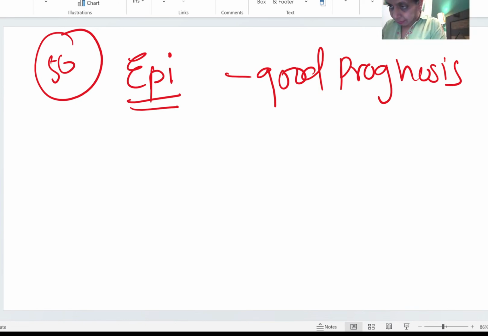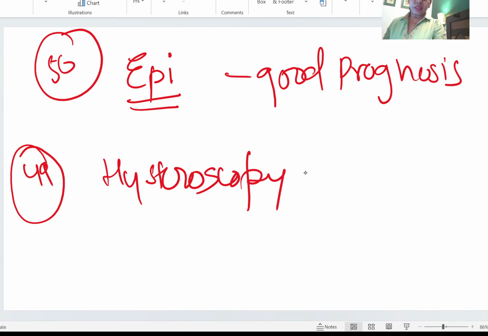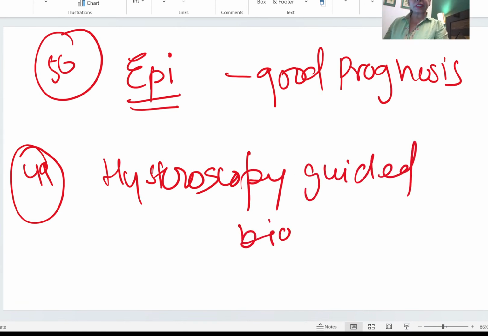Next is 49. A 54-year-old lady with postmenopausal bleeding. Here in all these options endometrial biopsy is there. The best endometrial biopsy is hysteroscopy-guided biopsy, which has 100% sensitivity and specificity.